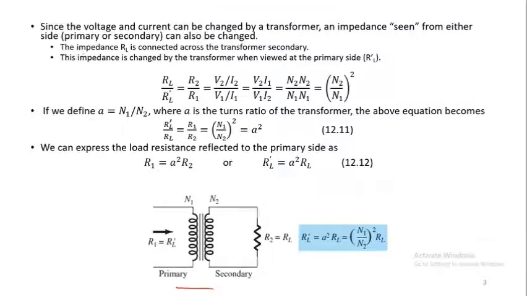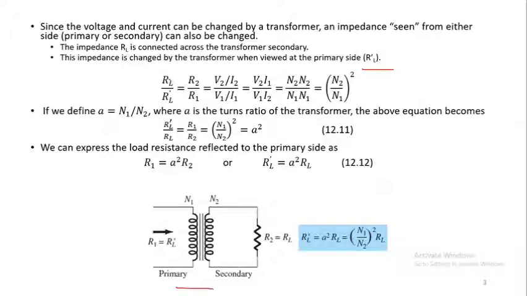The impedance RL is connected across the transformer secondary, as we have said about this diagram. This impedance is changed by the transformer when viewed at the primary side, and we name it RL prime. So if you want to find this RL prime, you have this relation.